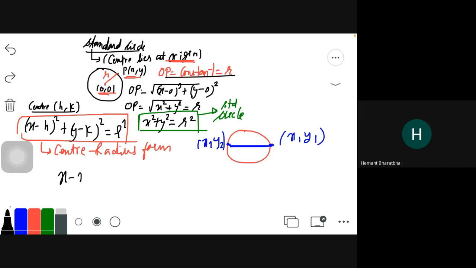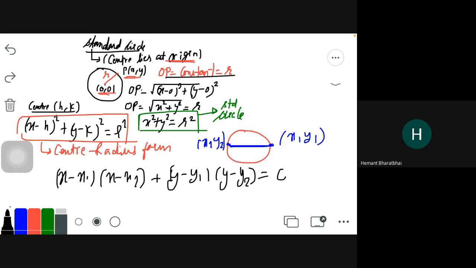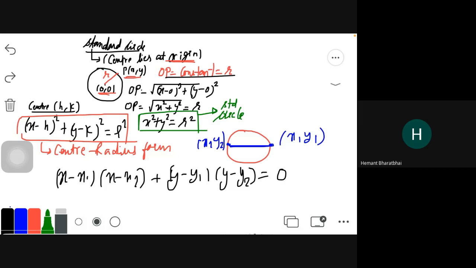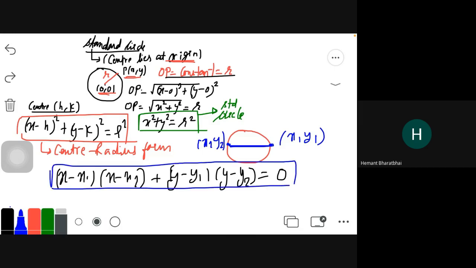It is (x minus x1) into (x minus x2) plus (y minus y1) into (y minus y2) equals 0. So this is also an equation of the circle, and this is called the equation of circle in diameter form.